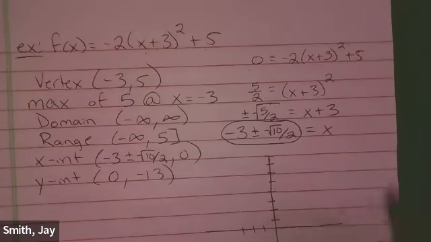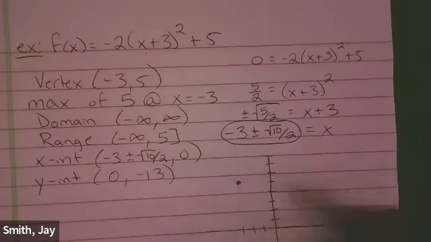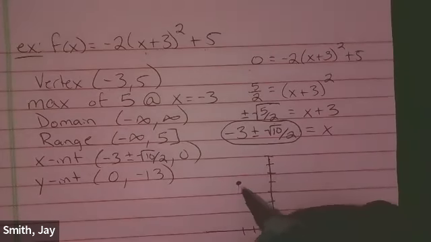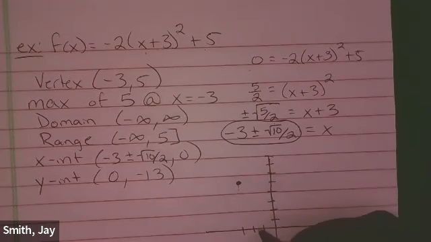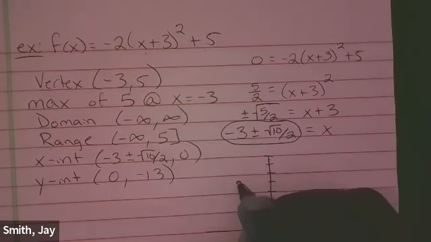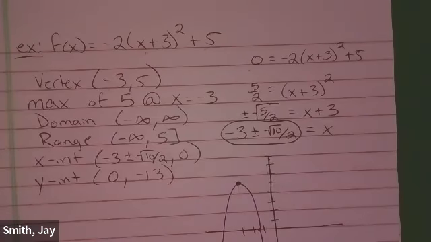So we go to the left 3, up 5. We also know that our y-intercept is at negative 13, so it's going to be way down below our x-axis. Now, for our x-intercepts, we have 2: negative 3 plus the square root of 10 over 2, and negative 3 minus the square root of 10 over 2.